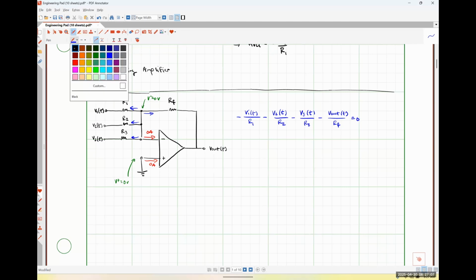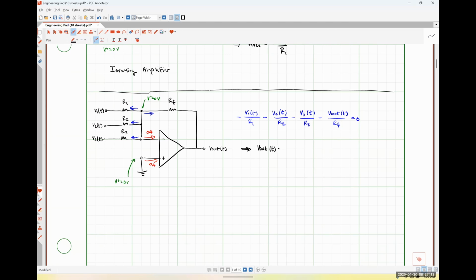And if I rearrange this expression, I'll find that my output voltage V out of t is simply equal to negative RF times V1 over R1 plus V2 over R2 plus V3 over R3, and so on and so forth if I had multiple input signals.